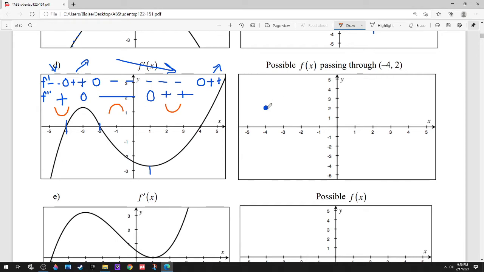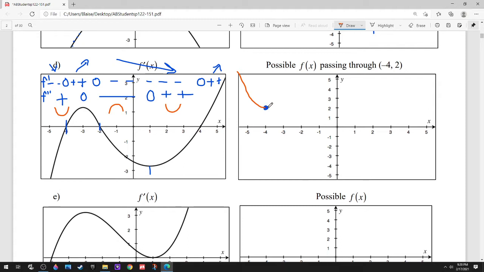So I know to the right of 4, all the way until we hit 2. Well, wait, before -4, it says we have a negative slope. So we're going down, down, down, and then we hit that. And then my slope says positive until I hit 2.